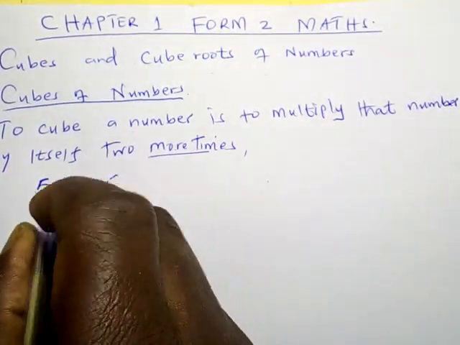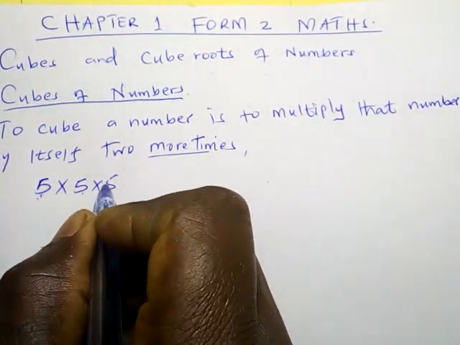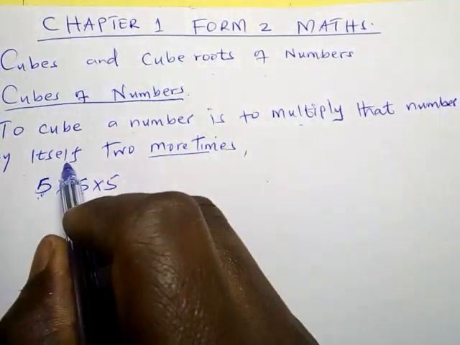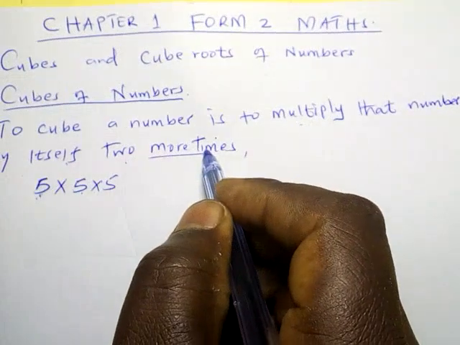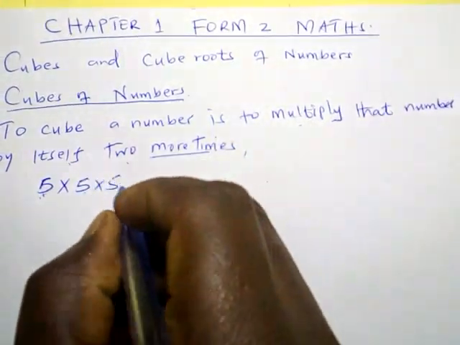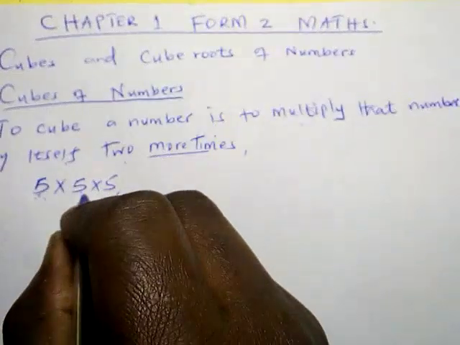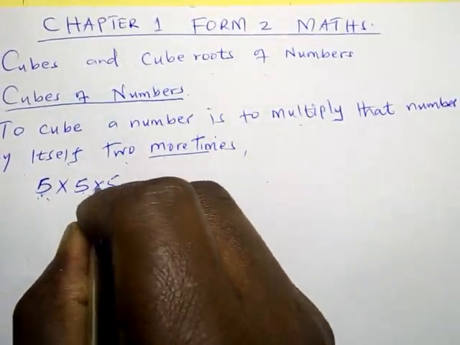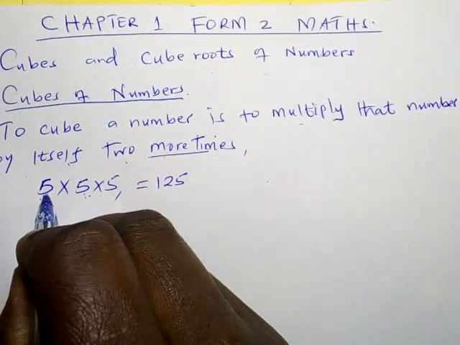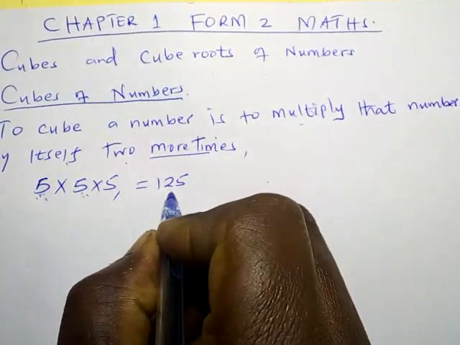Therefore, the cube of a number is to multiply that number by itself two more times. So 5 times 5 times 5, the answer is 125. So the cube of 5 is 125.